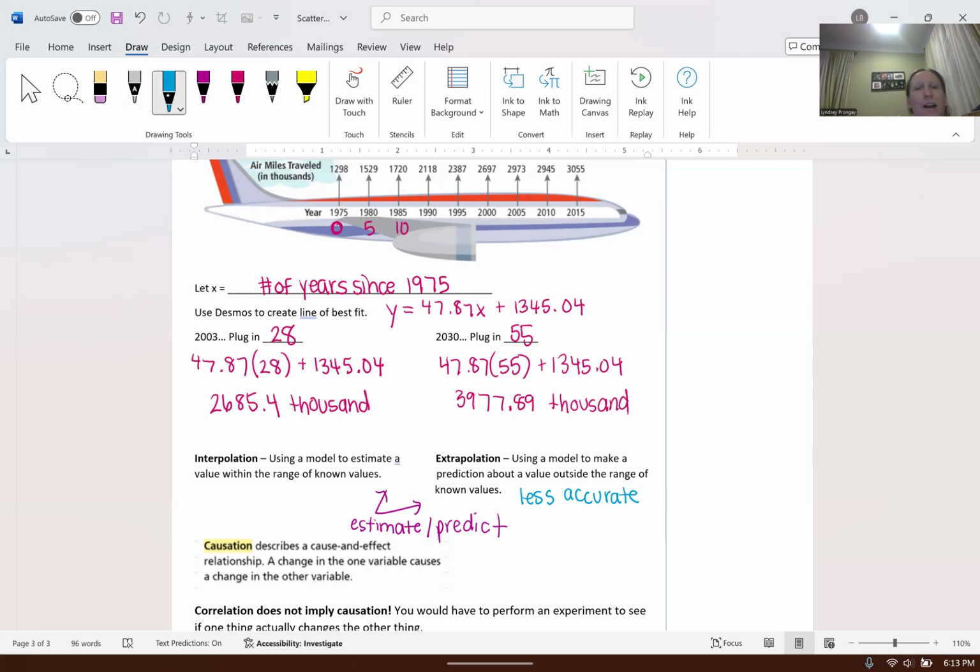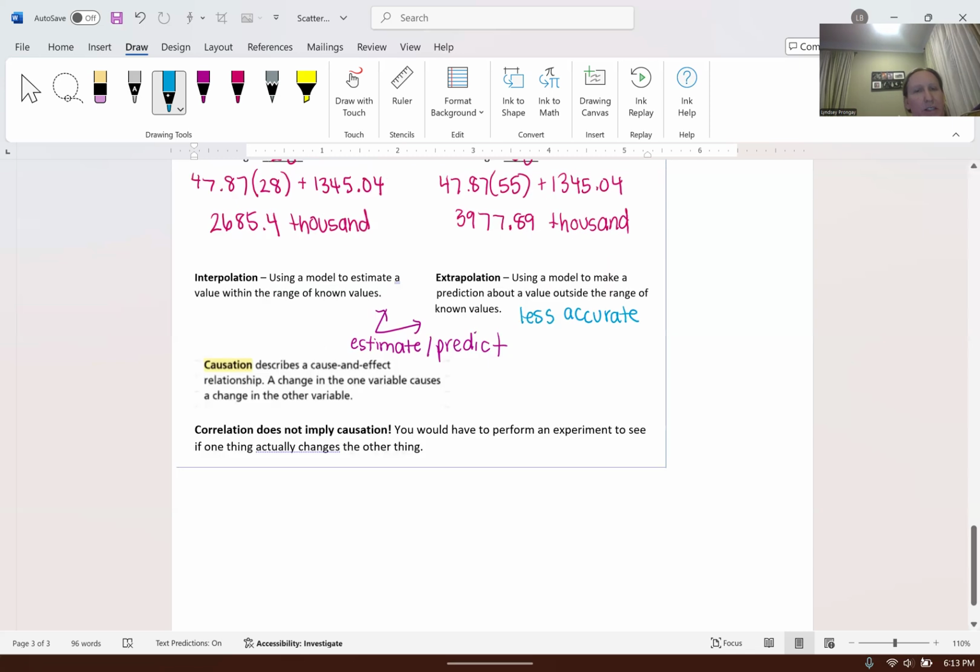The last thing, this is very easy, not super important, but the last thing is about causation. So causation describes a cause and effect relationship, meaning a change in one variable causes a change in the other variable. The number one thing I want you to get out of this is correlation does not imply causation.